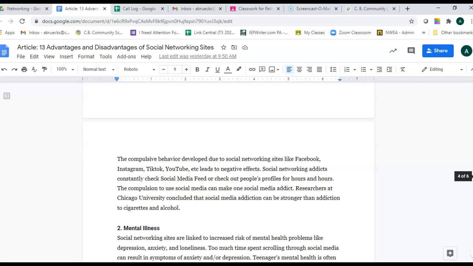Social networking addicts constantly check social media feed or check out people's profiles for hours and hours. The compulsion to use social media can make one a social media addict. Research at Chicago University concluded that social media addiction can be stronger than addiction to cigarettes and alcohol. That's pretty intense.